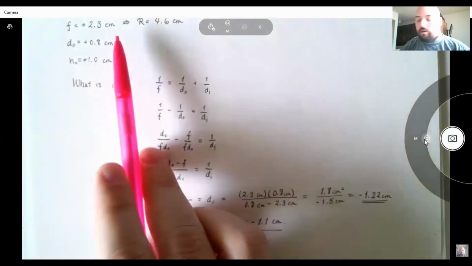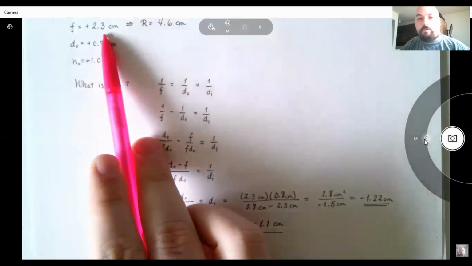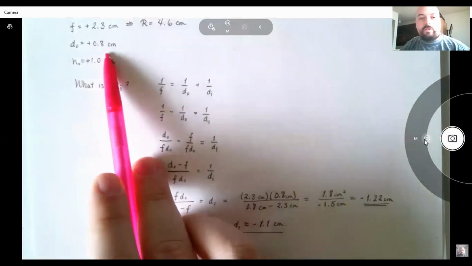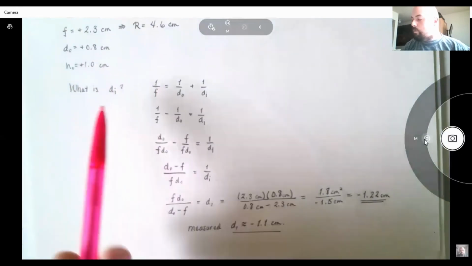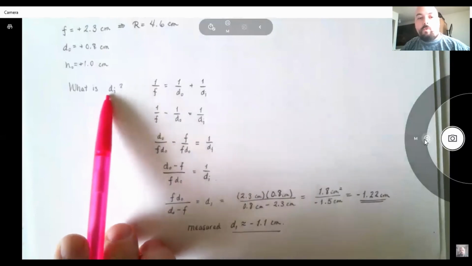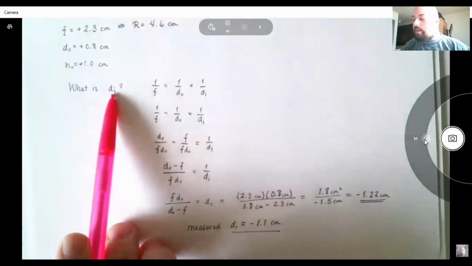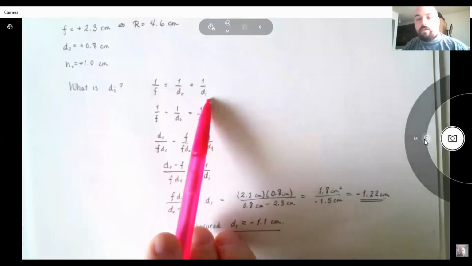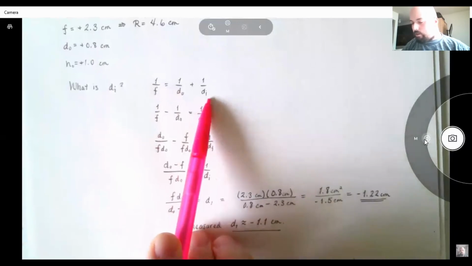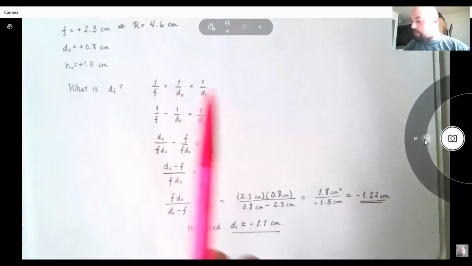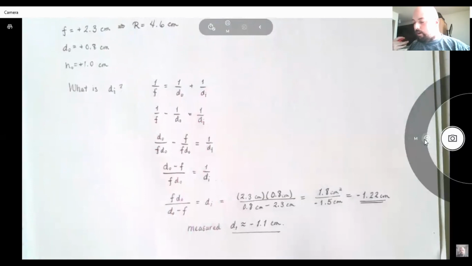Given that we have the focal length and the distance to the object itself, we may want to determine what the distance to the image is. So when we work with the mirror or thin lens equation, I typically try not to explicitly put any minus signs into the equation that are related to the definition itself.